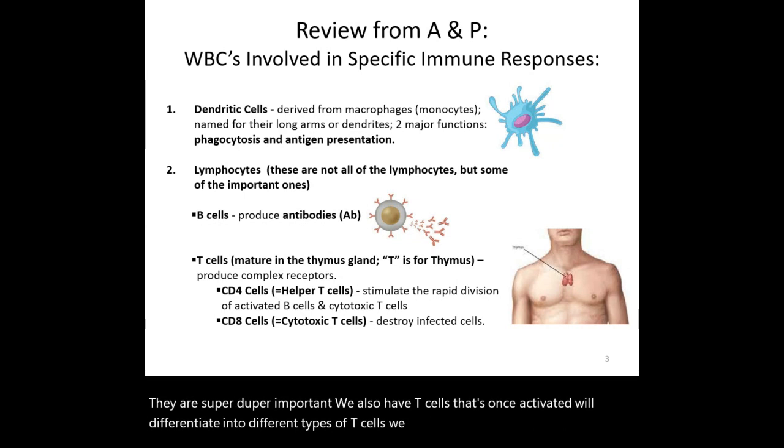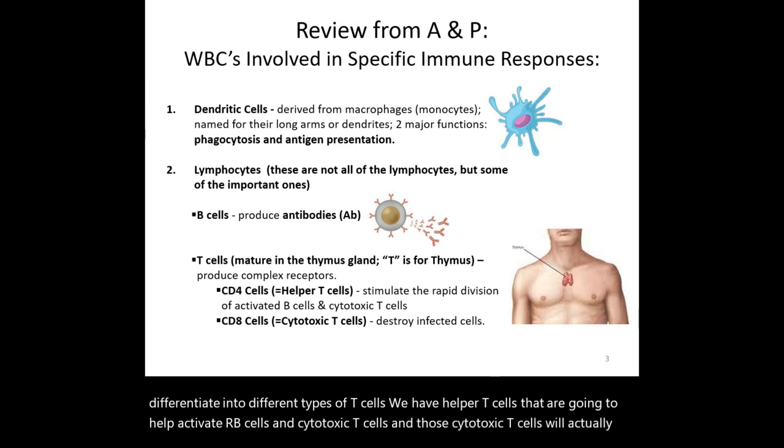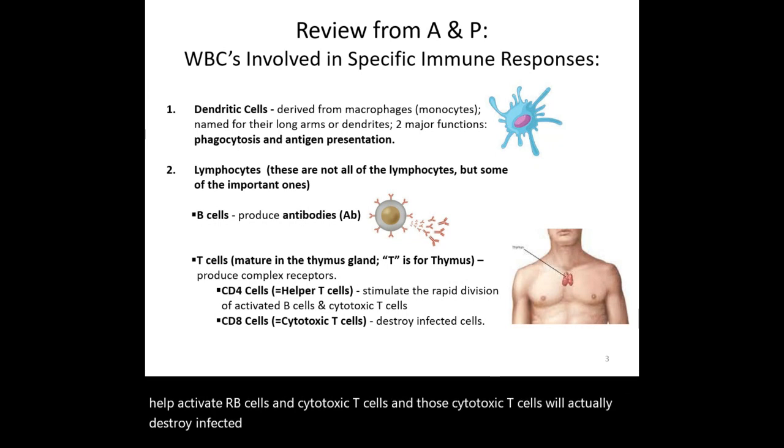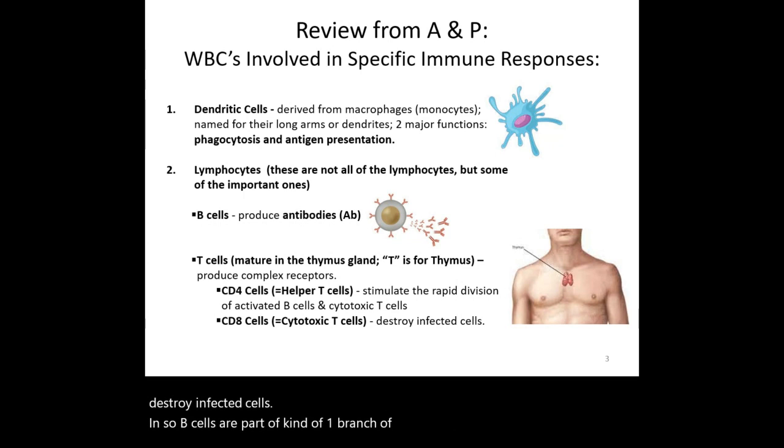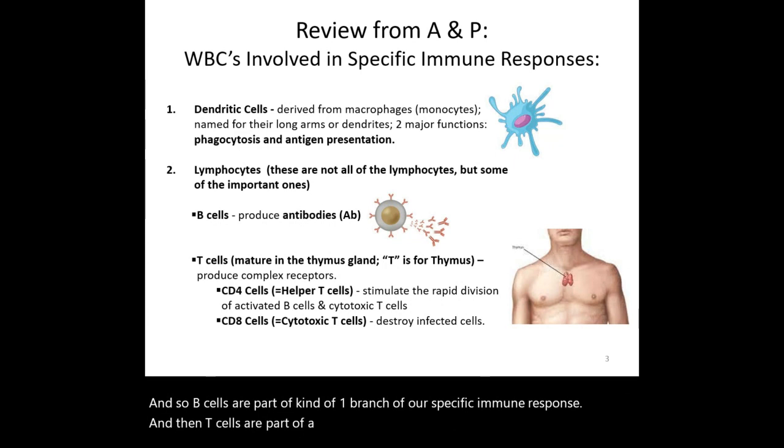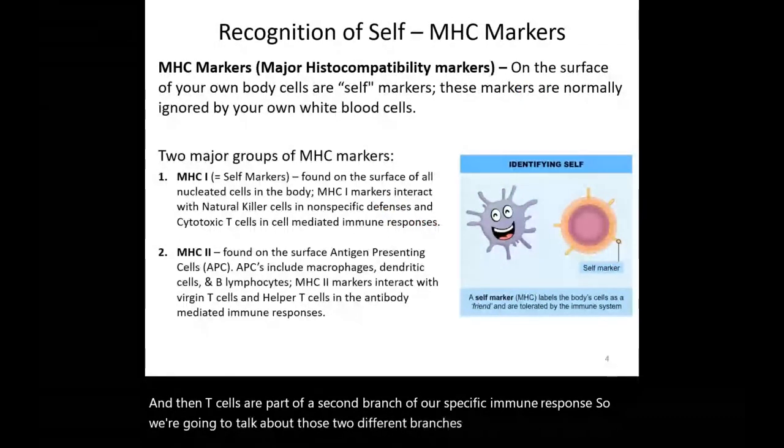We have helper T cells that are going to help activate our B cells, and cytotoxic T cells. And those cytotoxic T cells will actually destroy infected cells. And so B cells are part of one branch of our specific immune response, and the T cells are part of a second branch. So we're going to talk about those two different branches momentarily.